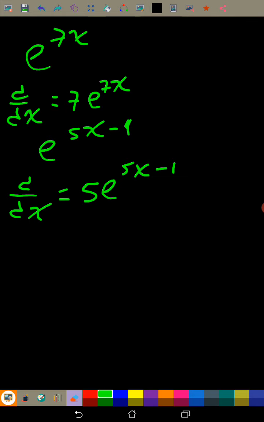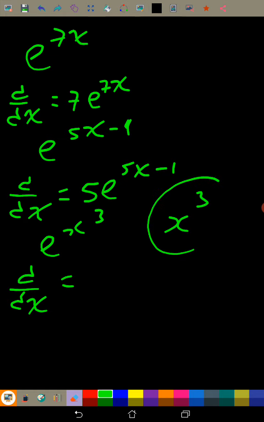And if we have e to the power of x^3, d by dx is going to be this. If we differentiate this, we have this.